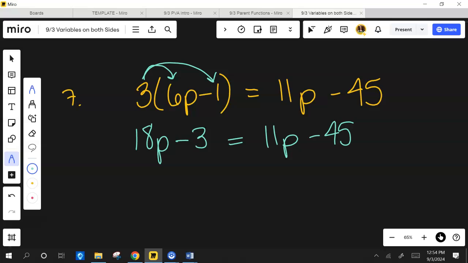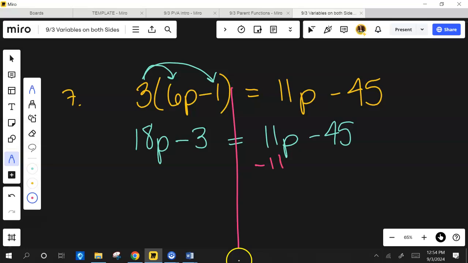Look. Everybody look. What now do I need to do? I got variables on both sides. What's my step? Subtract what? Which one am I going to? 11p. It's the smallest one.